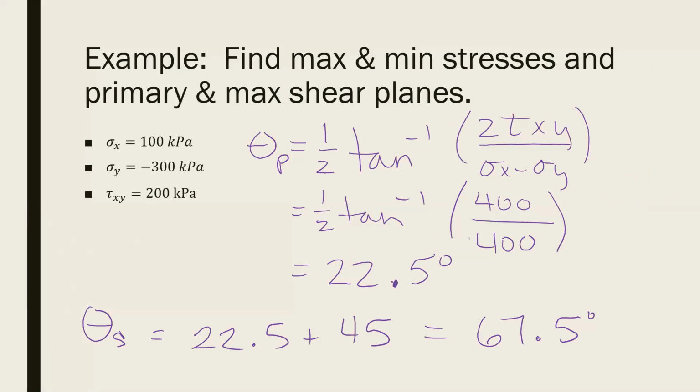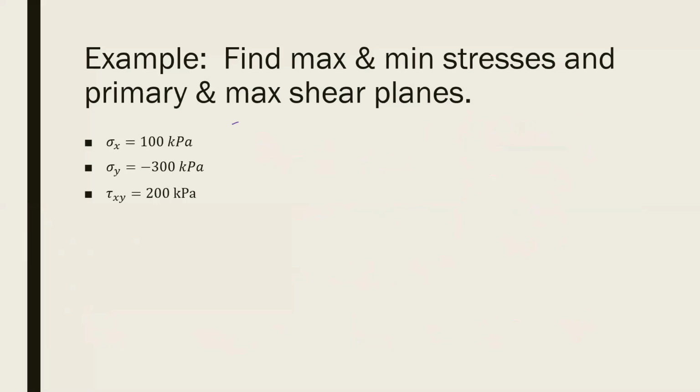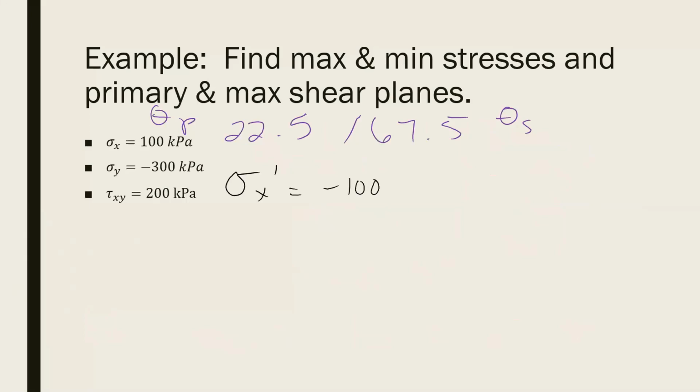All right, so now we have our angles, 22.5 and 67.5 for theta p and theta s. Now we need to plug that into our equations. So for sigma x prime, we said it was negative 100. What did we say after that? 200 cosine. Okay, so 2 times theta p would be 45.